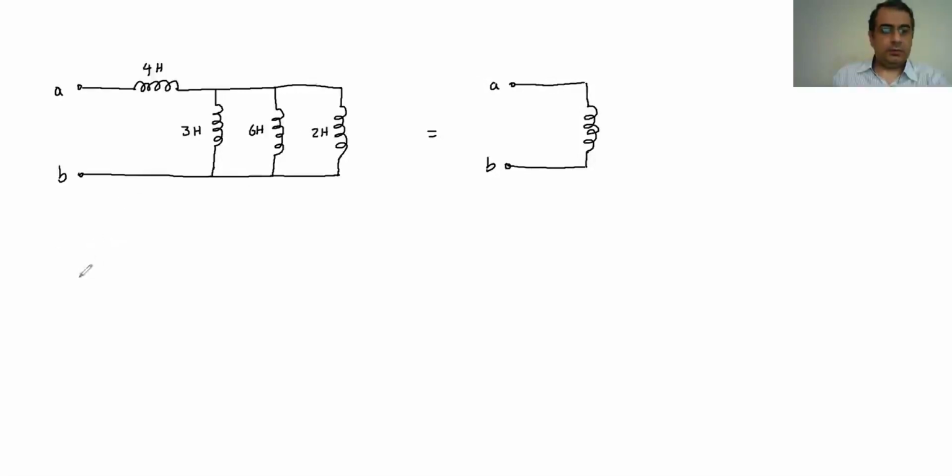So I can write it and say, okay, this one is going to be equivalent to, again, A and B, where we have the 4 Henrys here, and then we have one equivalent to these three.